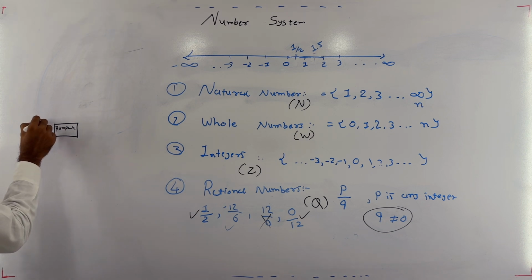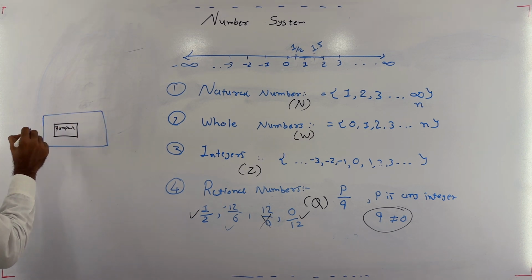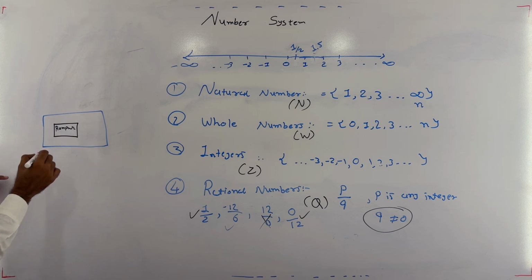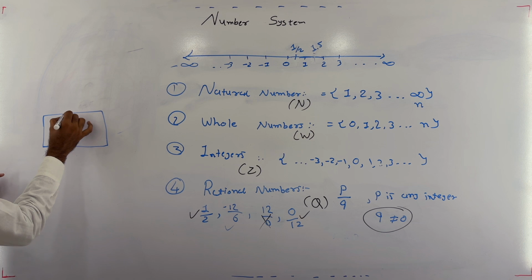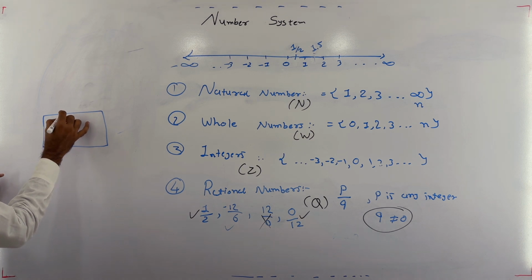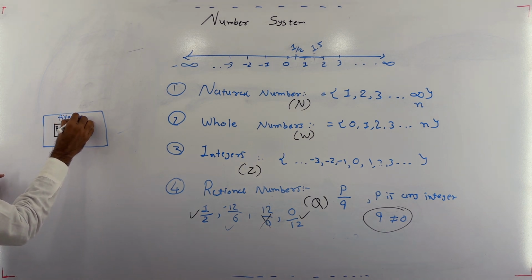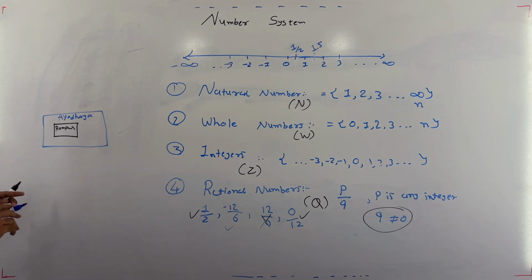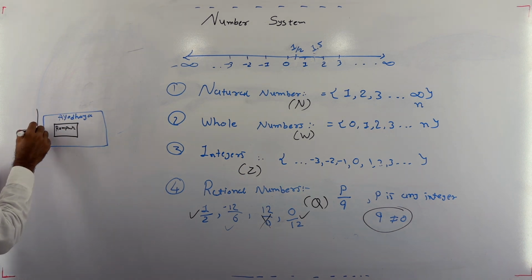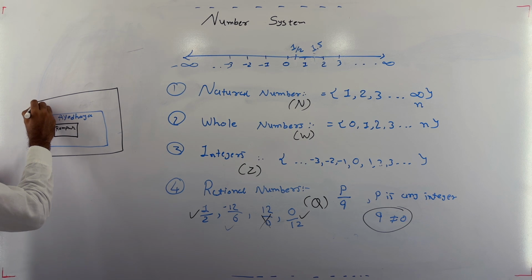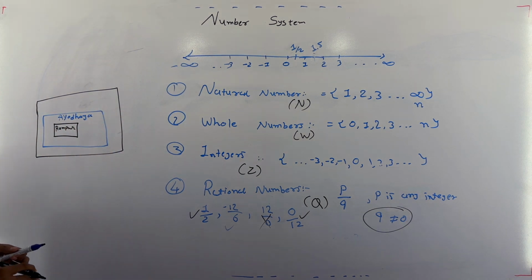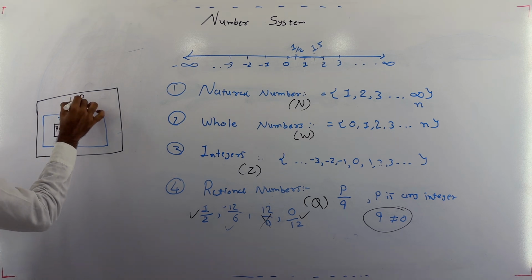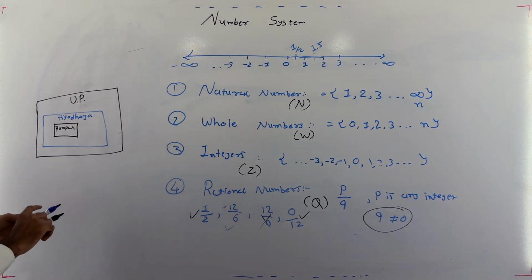Now I will make another box. This box represents the people that are living in the district named Ayodhya. Right? Now there is another box that represents the people that are living in the state named, we all know, UP, Uttar Pradesh.